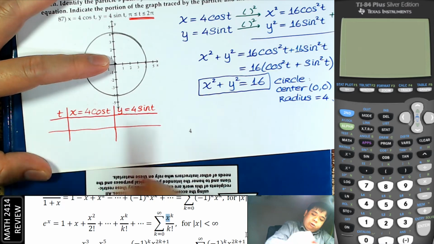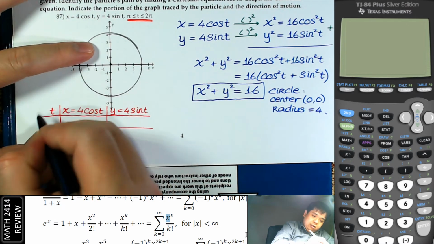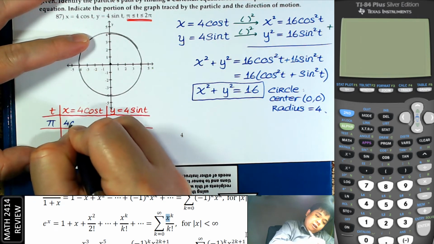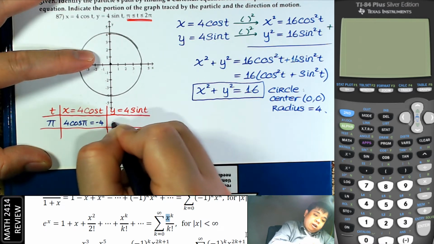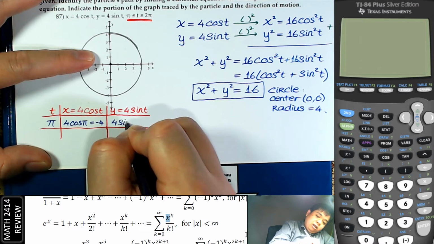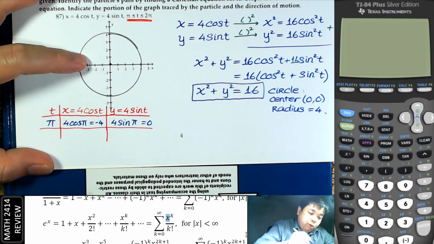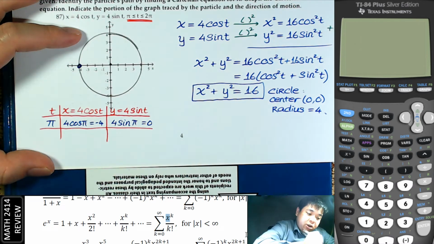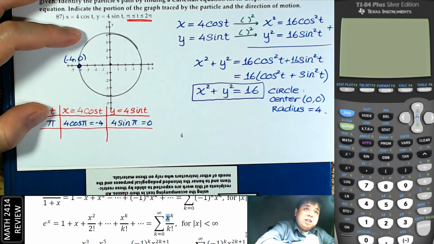Let's go with pi: 4 cosine pi, cosine pi is -1, so that is -4, and then 4 sine of pi is 0. So we have the point x equal to -4, y equal to 0. That is when t equal to pi.